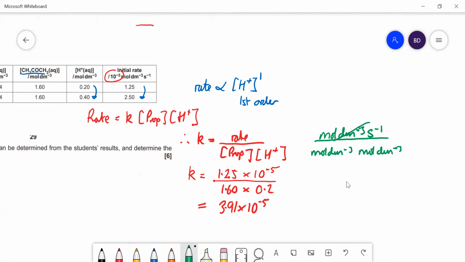So that's going to cancel out. We get second to the minus 1 over mole dm to the minus 3. Bring it all onto one line, so the sign of the indices changes. So that's second to the minus 1, mole to the minus 1, dm to the plus 3. So that's the value, and those are the units of k. And that is the end of the paper.